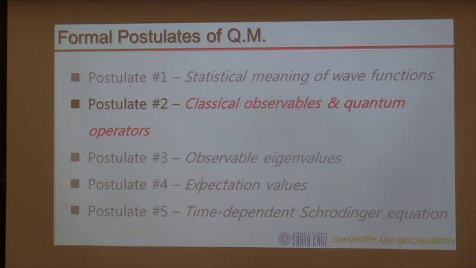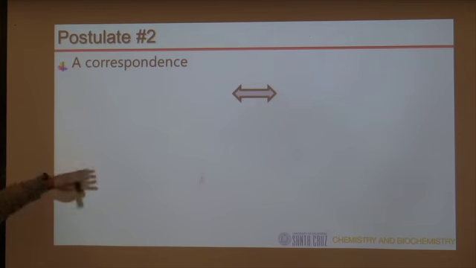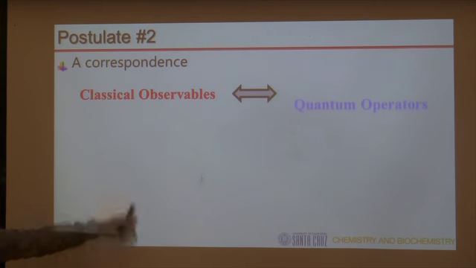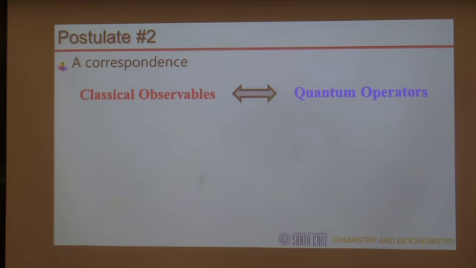Number 2 talks about classical observables and quantum operators. It simply talks about a correspondence between two things. The classical observables correspond to the quantum operators.